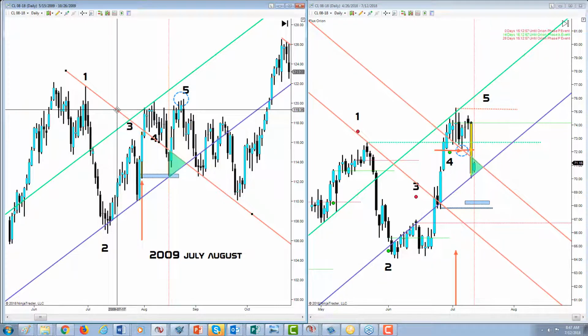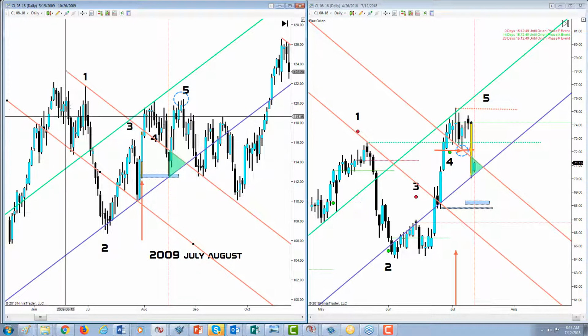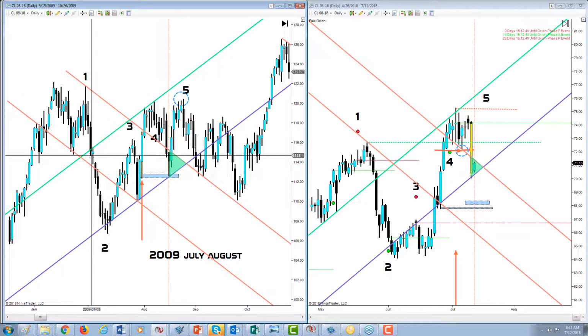But in this chart in 2009, that subdominant line would be right there, Gary. So it was more bullish in 2018 than it was in 2009.